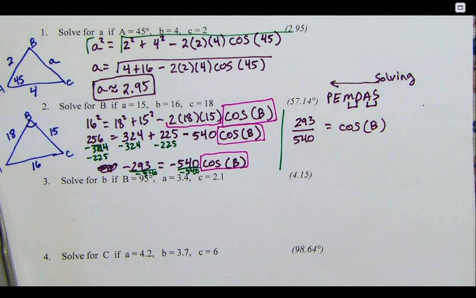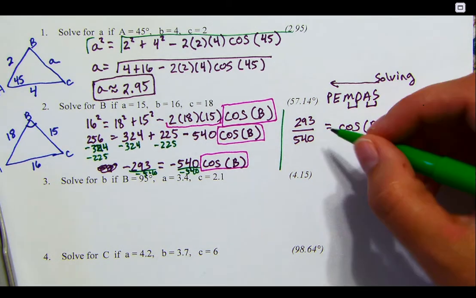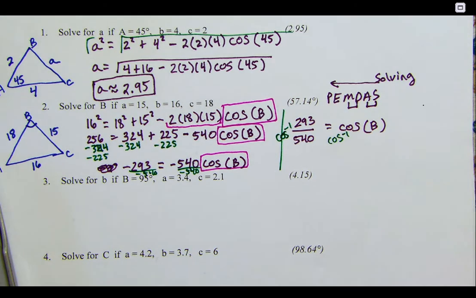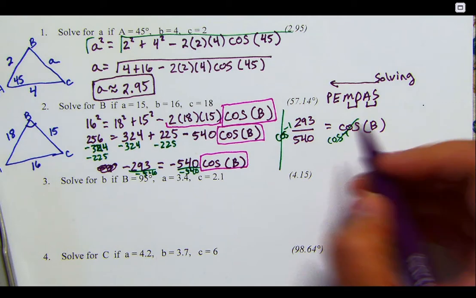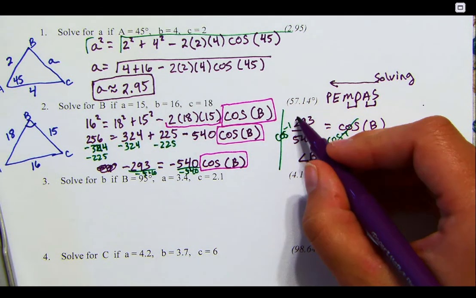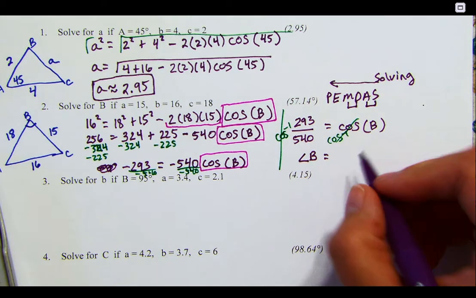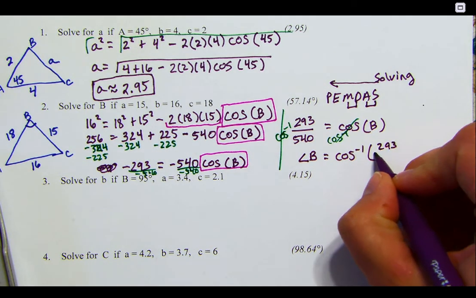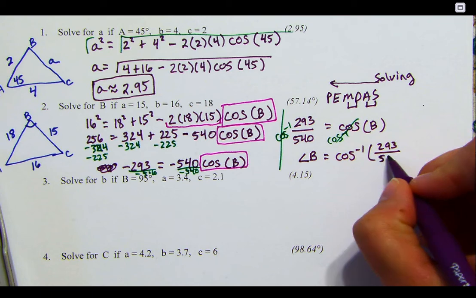Since we are finding an angle, we have to use the inverse of that. Now that this is alone, on both sides, we're doing the inverse of cosine. These two things cancel out, so I will have angle B left. And then this fraction is going into the inverse of cosine. So inverse cosine of 293 divided by 540.